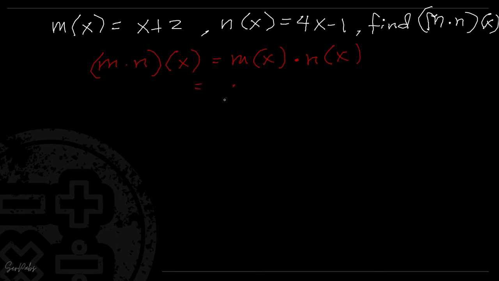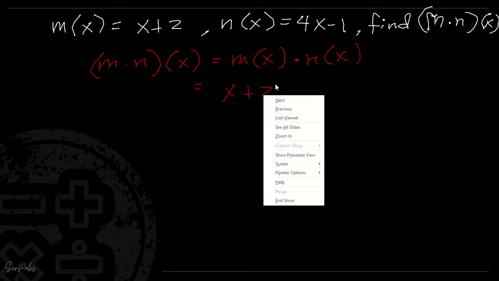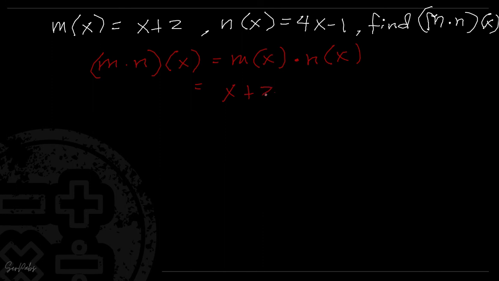And then substitute. So we have x plus 2 for m of x, times n of x naman ay 4x minus 1. So apply natin ang FOIL method. So first term times first term. So x times 4x equals 4x, and then add exponent 1, 1. So exponent of 2.